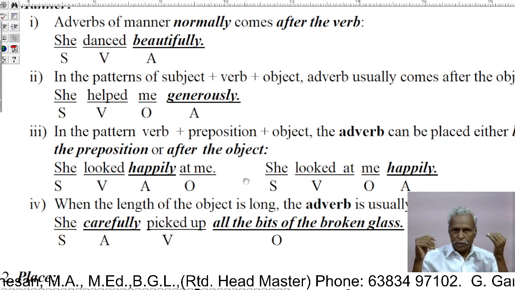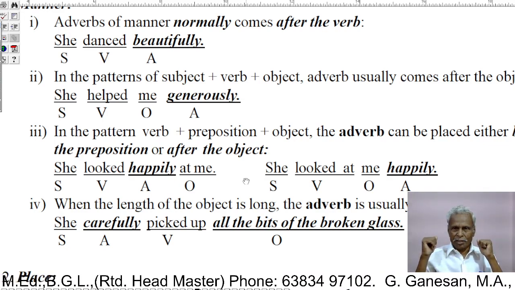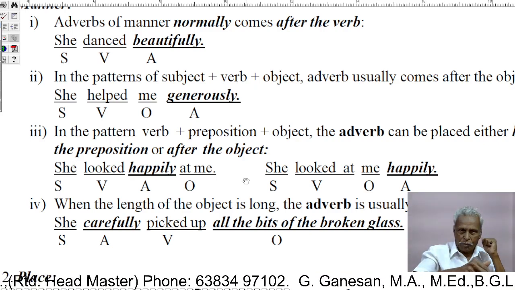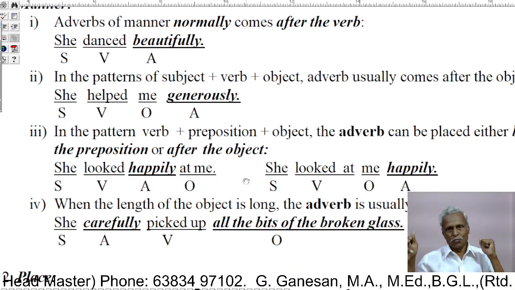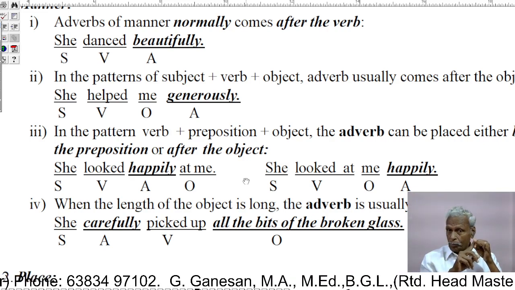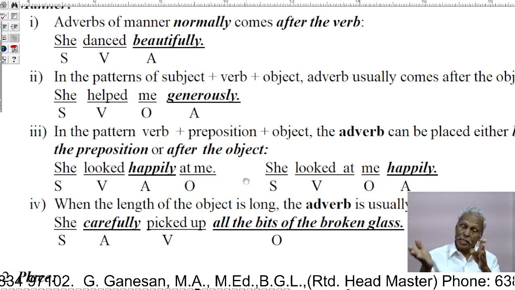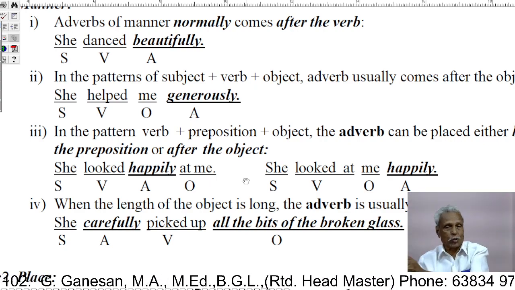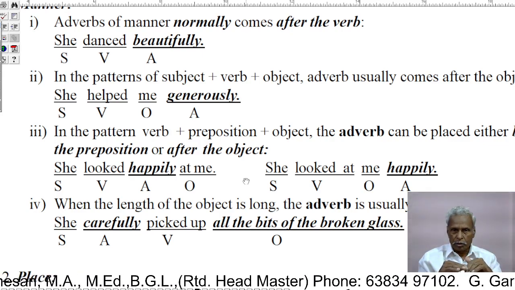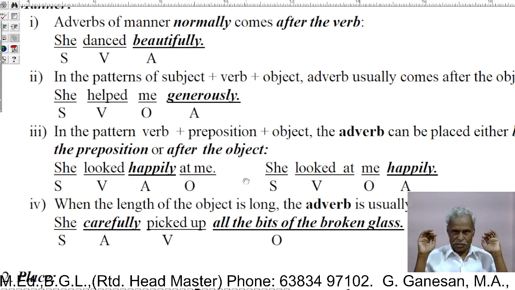Third, in the pattern verb plus preposition plus object, the adverb can be placed either before the preposition or after the object. Let us see the example. She looked at me is the sentence.